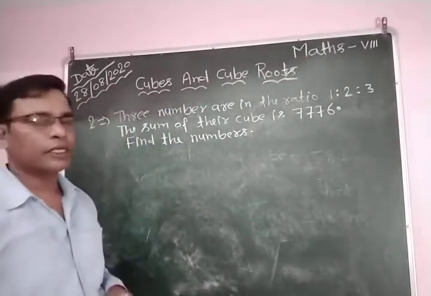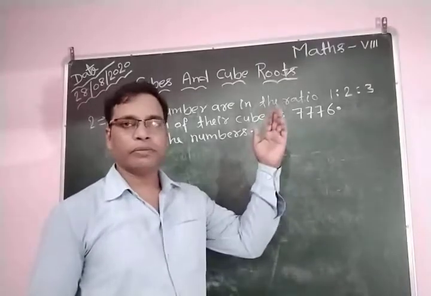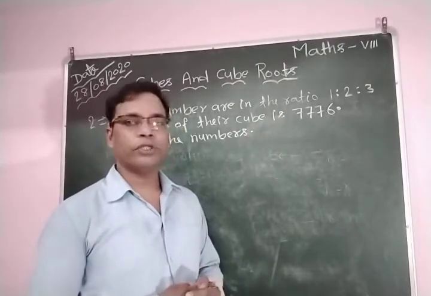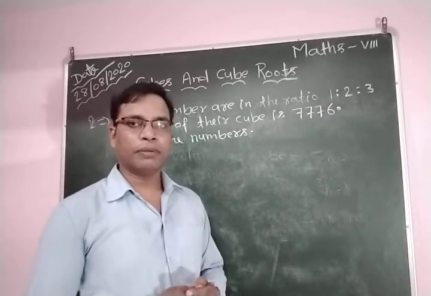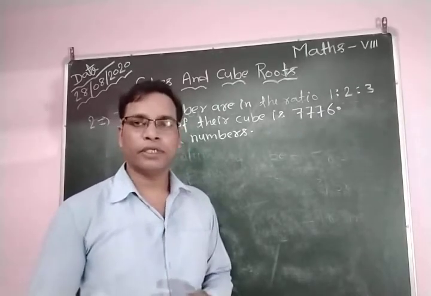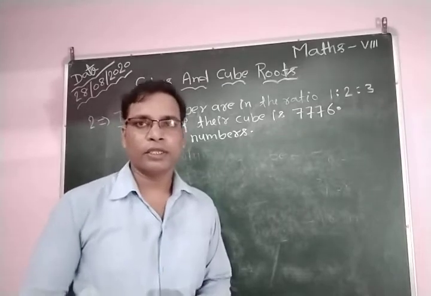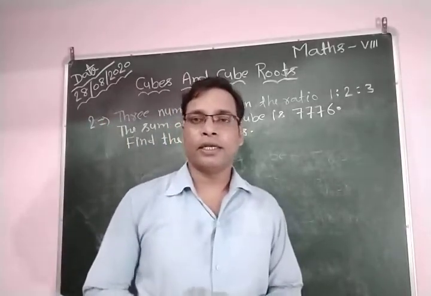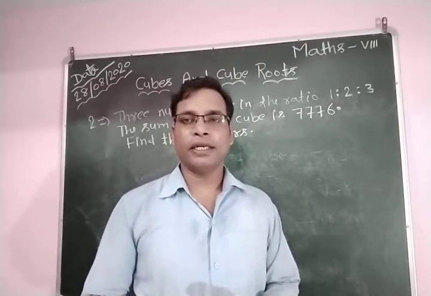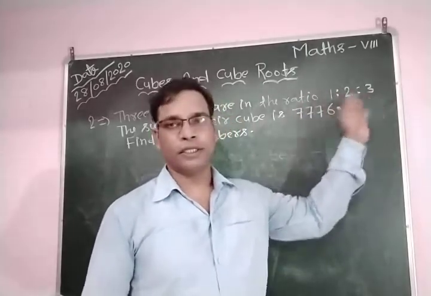Find the numbers. So here the ratio of the numbers is given, 1:2:3, and the sum of their cubes is also given, 7776. Okay, so in this question first we will let the numbers be x, 2x, 3x.